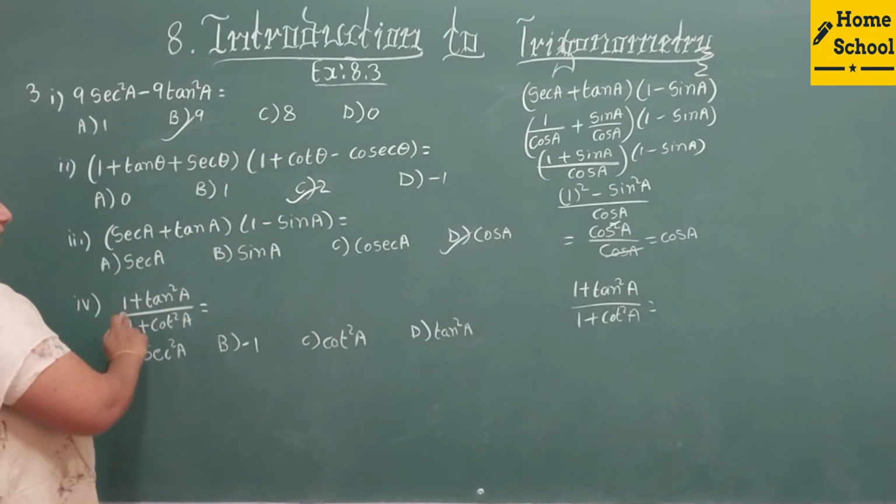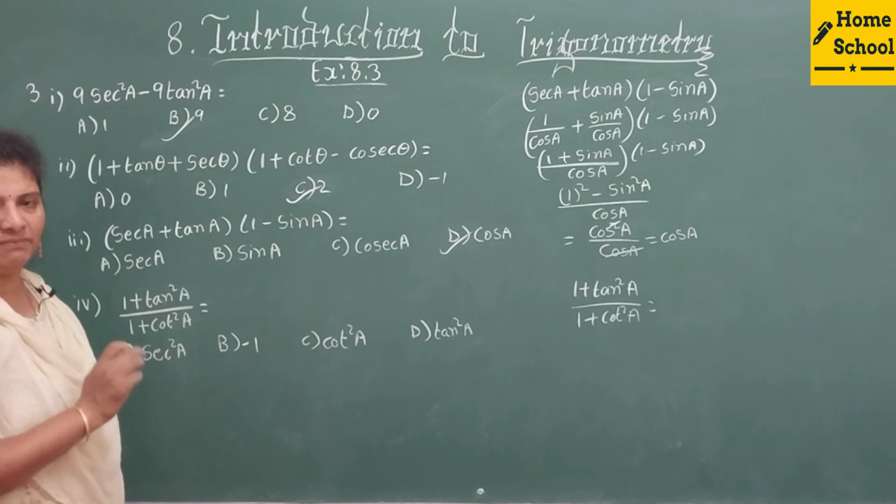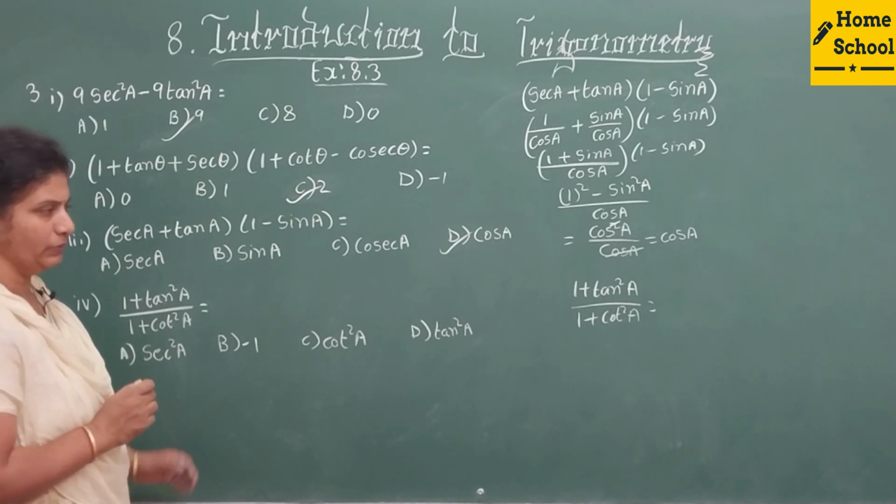Fourth one, 1 plus tan square A by 1 plus cot square A is equal to.